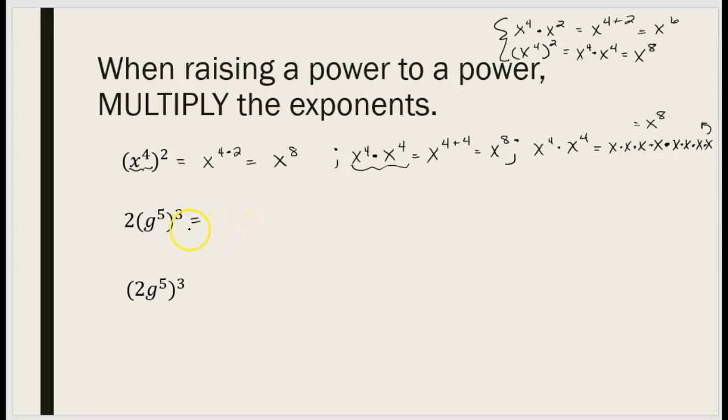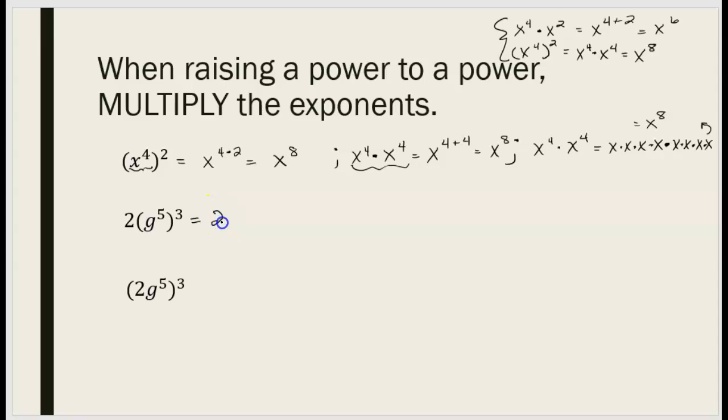So what I want you guys to see here, I've got a 2 being multiplied out in the front, and then I have a power, g to the 5th, that's being raised to the 3rd power, okay? So we got a couple different things going on here. My 2 that's out in the front, there really is no exponent applied to that whatsoever.